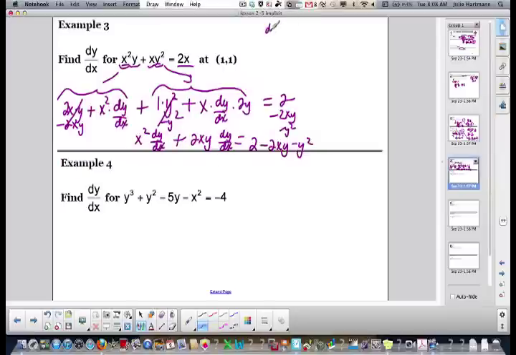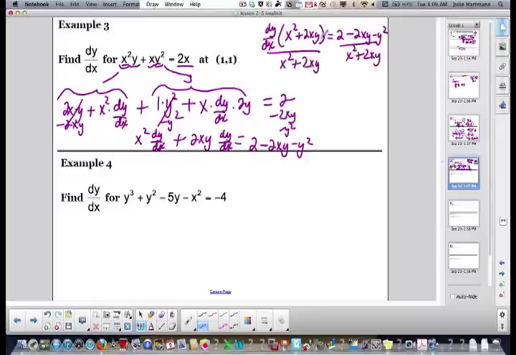Factor out the dy/dx on the left. That's x squared plus 2xy equals, on the right, 2 minus 2xy minus y squared. And then divide by x squared plus 2xy. And that's your derivative. Okay, a little messy, I know, but that's how you do it.